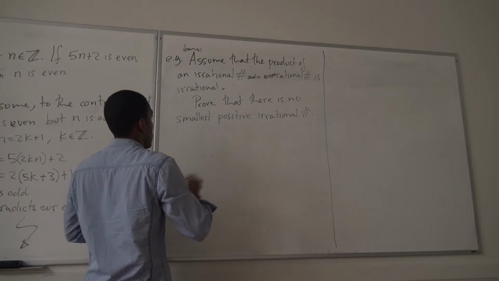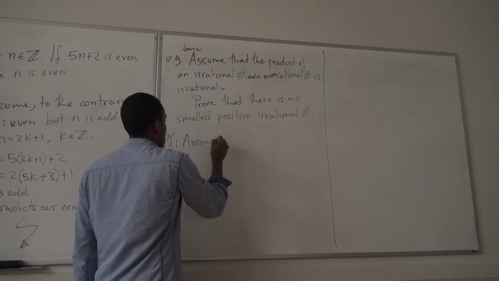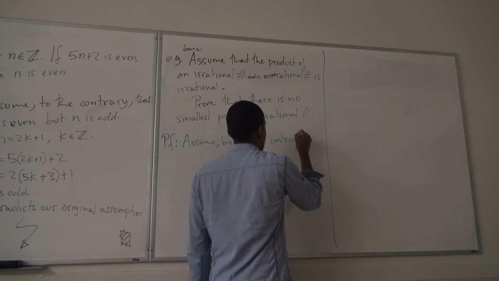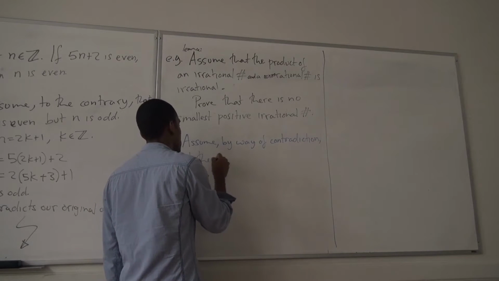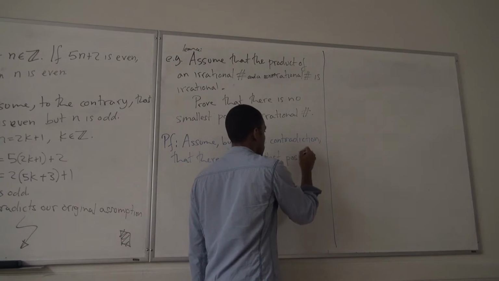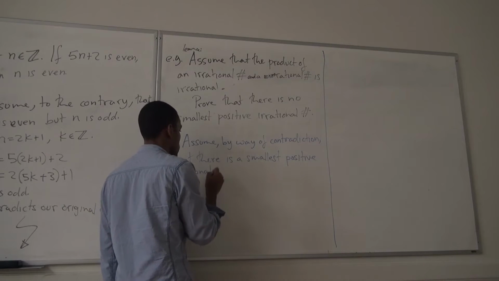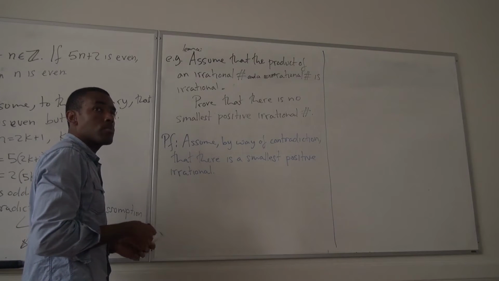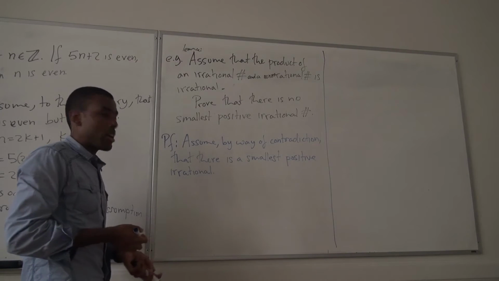So we're going to do a proof by contradiction. Assume that there is a smallest. Okay. How do you proceed? Find a smaller one, right, which would contradict this.